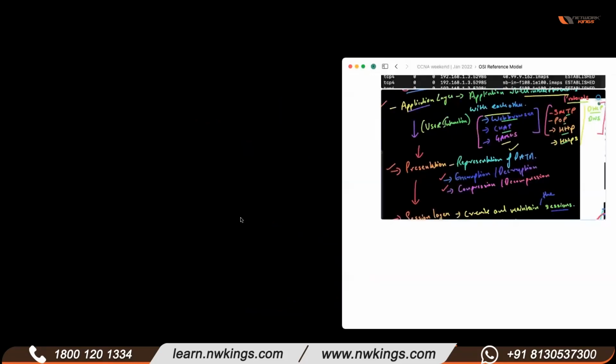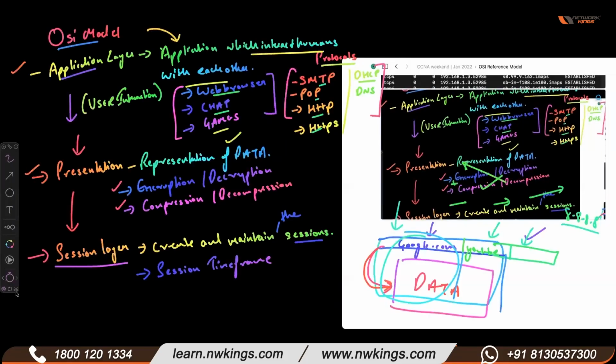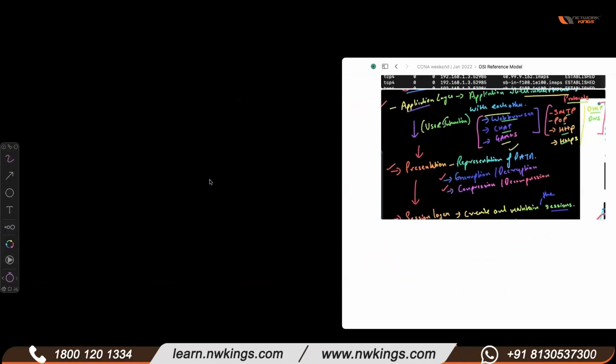Now when we talk about all three layers, the session layer is sending data to the further layer. The data coming from application, presentation, and session is in data format only.